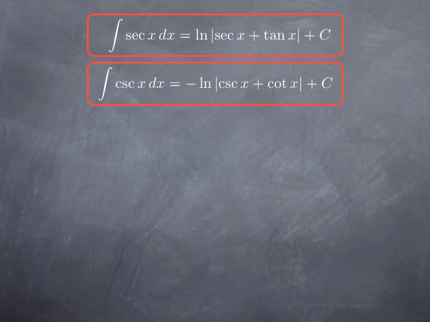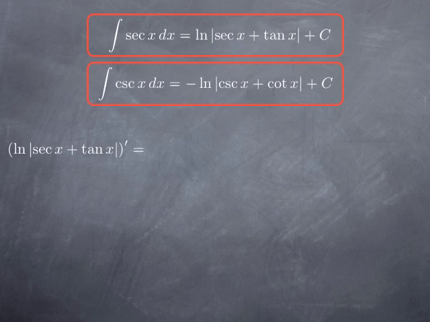To verify such a formula, all you have to do is differentiate the function on the right hand side and verify that you obtain the function that is under the integral. So let's verify the first formula by differentiating natural log of absolute value of secant x plus tangent x.